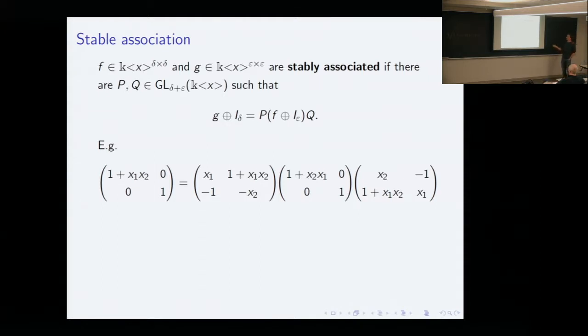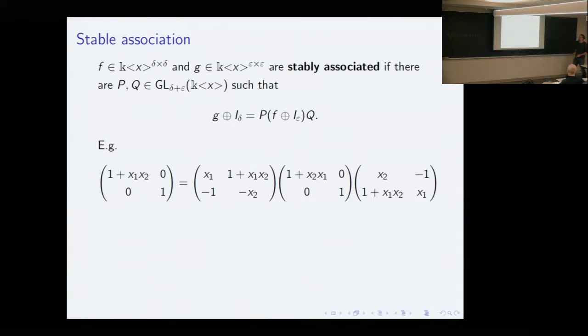If I take two polynomials, f and g, possibly of different size, then we say that they are stably associated if there exist invertible matrices over polynomials such that, maybe after I enlarge them in a trivial way, this g plus identity just means that I put g and then maybe some identities, ones here. So when I enlarge g a little bit, and enlarge f a little bit, you can go from one to the other just by multiplying with invertible matrices.